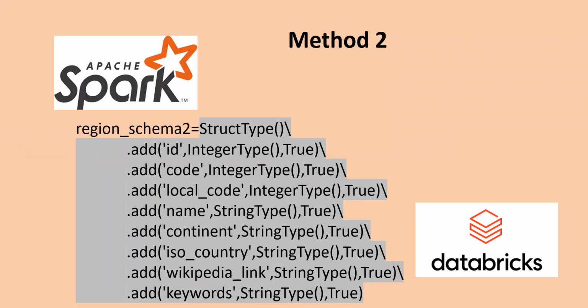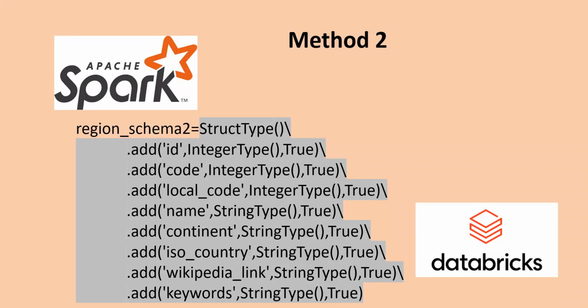In method two, we have to use the struct type. It is a little bit complex, but you can learn it, and we will also use method two and method three. Whenever you want to use method two, make sure the required library is imported, like pyspark.sql.types. Otherwise struct type will fail, because struct type is part of the PySpark SQL types library.